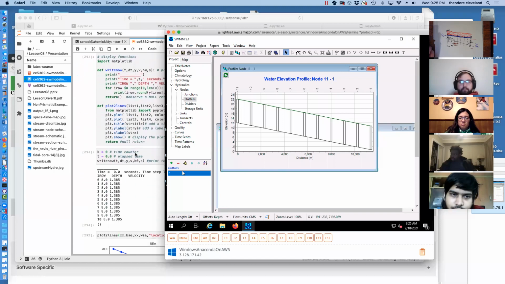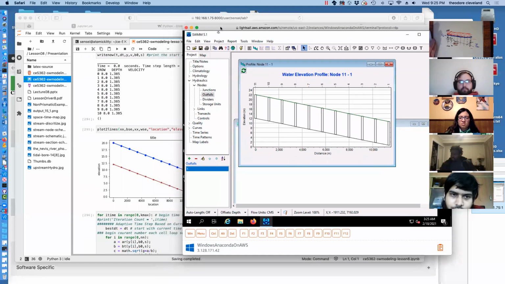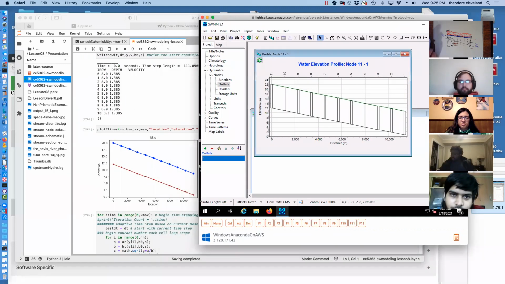If you recall, ours is the same. Literally, it looks the same. So this is a little bit below 12, and up here above 20. And in this one, we recall we explicitly set them at 10 meters higher, so 12 to 22. Okay.